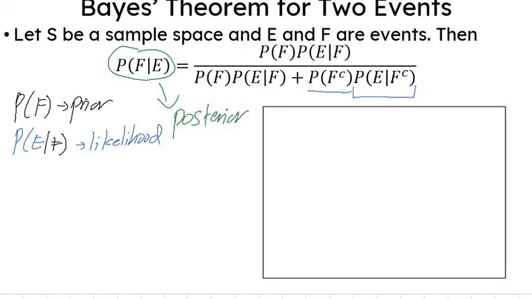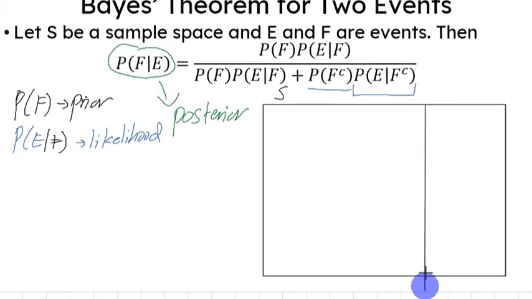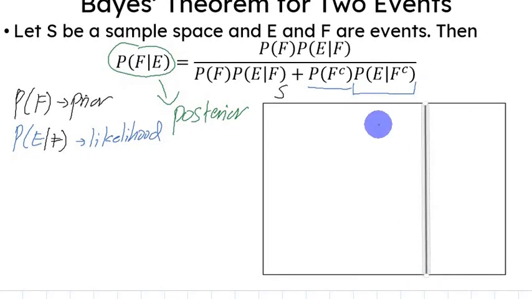Since this is our sample space S, we can illustrate this as a division wherein one part has our prior knowledge or our prior probability, while the other one is the complement of our prior.